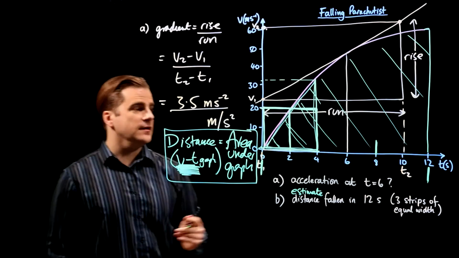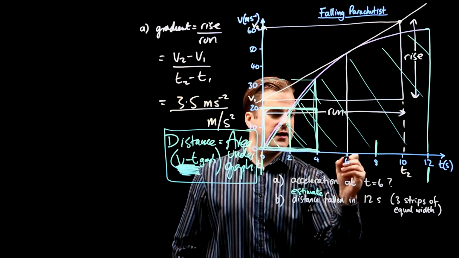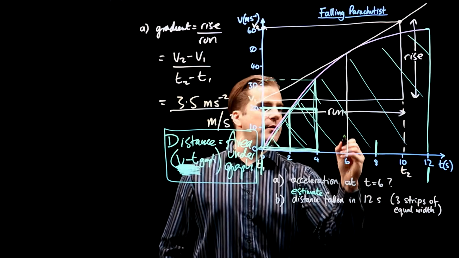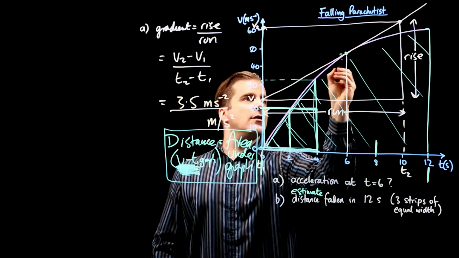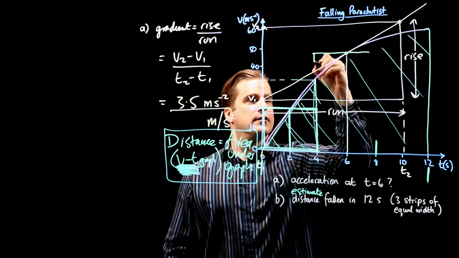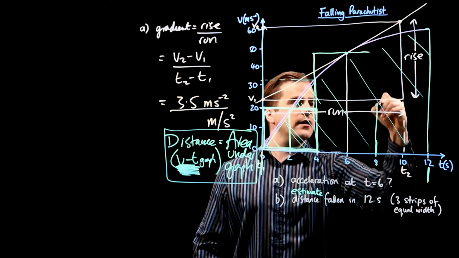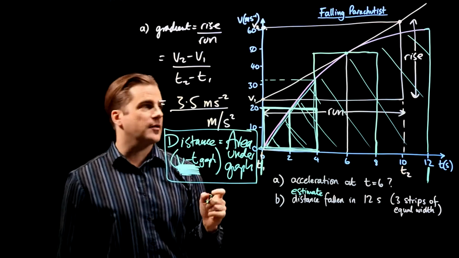Same thing here. The midpoint between 4 and 8 is 6. So go up, I've already done it. It hits there. So the top of our strip is going to be there. It goes down there and there. So that's our second strip.